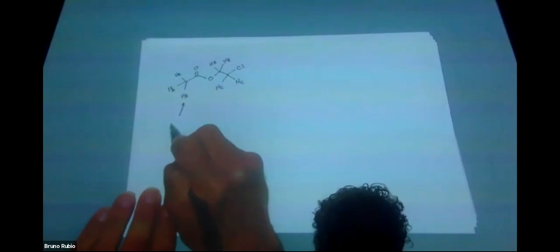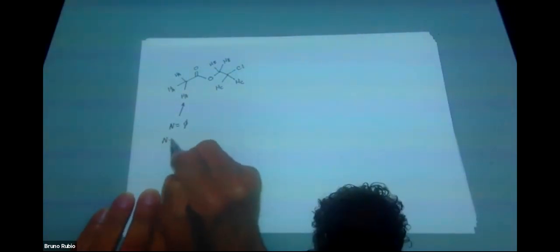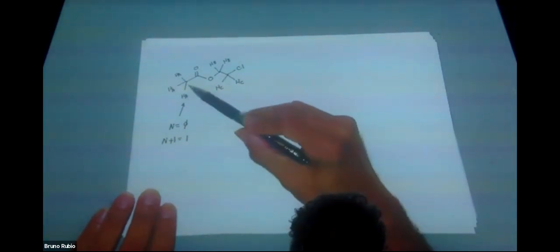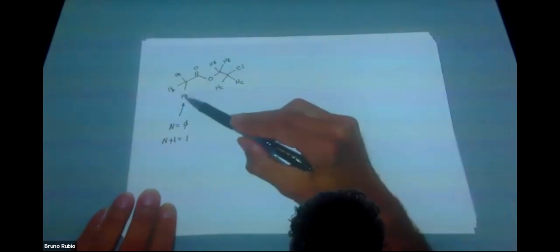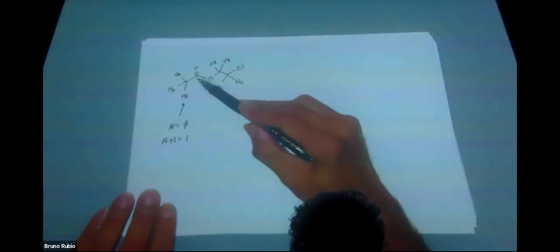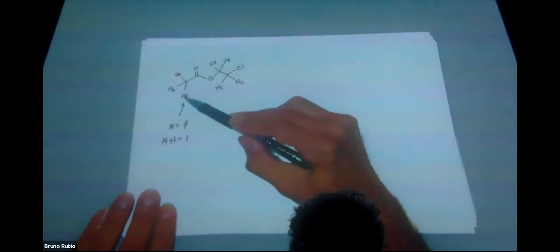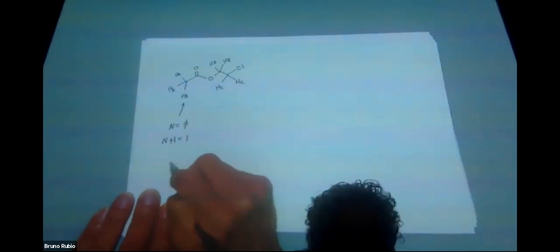Because for the HA, N is equal to 0, N plus 1 equals 1. The HA are 2 bonds away from another HA. There is no splitting there. The HA is 3 bonds away from a carbon, 1, 2, 3, from an oxygen, 1, 2, 3. N equals 0. That's a singlet.